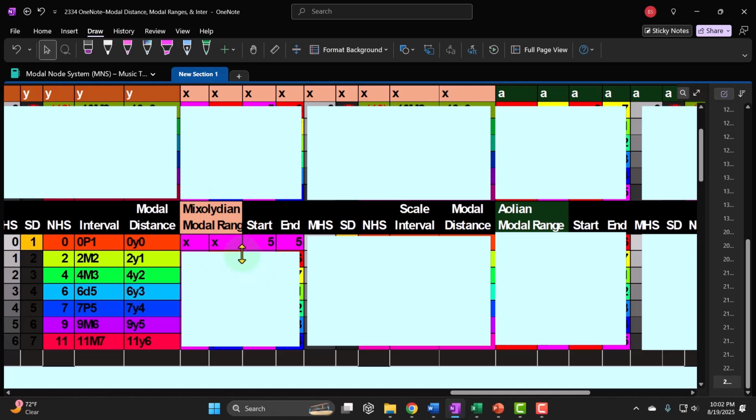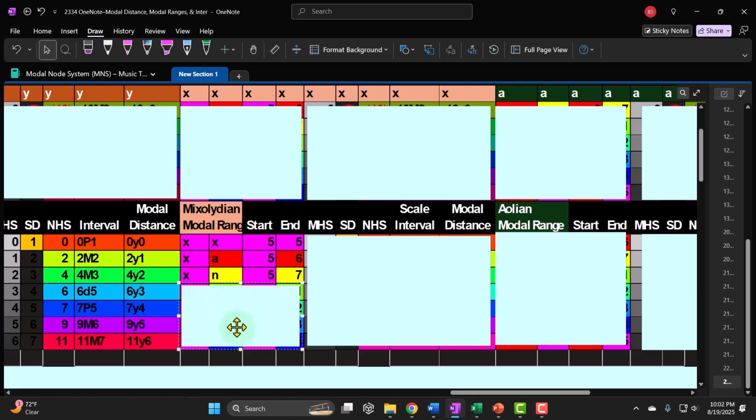So what about an XX modal range, which would be a Mixolydian, a mix modal range, a 5-5 modal range, a magenta to magenta modal range. What about a Mixolydian Aeolian modal range? We've got a mix to an Ao, a magenta to red, a 5-6 modal range, an XA modal range.